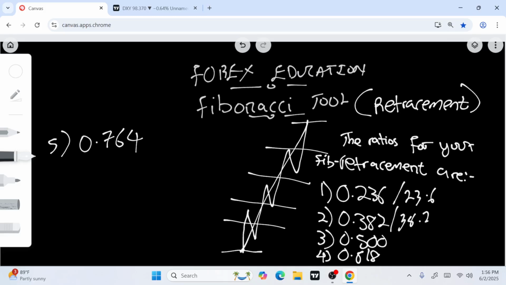Instead of seeing 0.500, you will see it as 50.0. Instead, you see 61.8. In some instances, instead of 0.764, you see 76.4. It still means that it's giving the same ratio. All right.